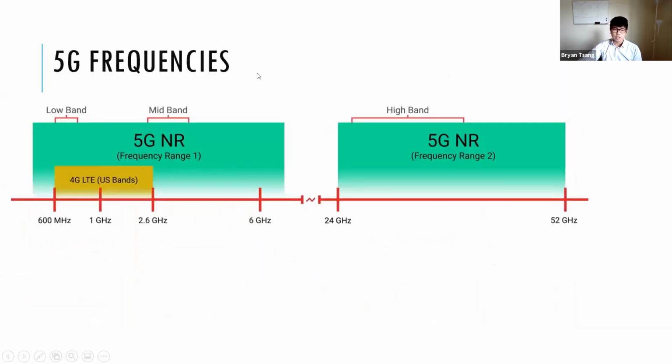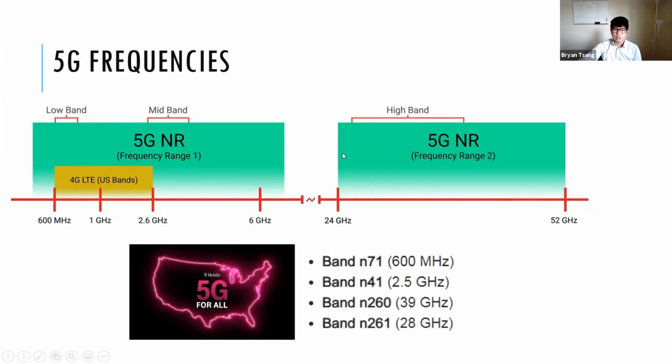would be just the operating frequencies of 5G. I think it can depend on what frequency you're operating at, which will give you higher data rates. So 5G consists of a low band, a mid band, and a high band. And this high band is more known as the millimeter wave frequencies.